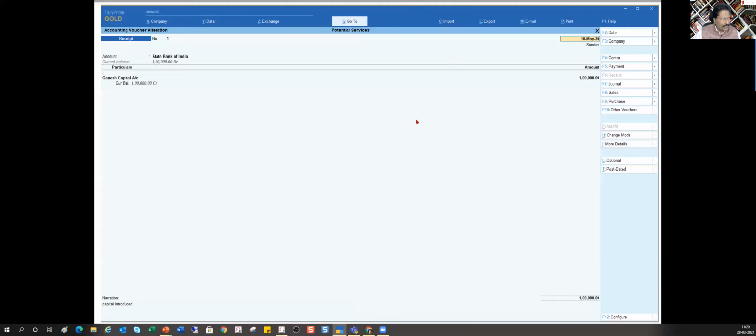Now this is where, basically, you have a slight difference in your user experience from Tally Prime to Tally.ERP. So in Tally Prime, if you want to convert this into a single entry mode, then what you do is that you have this button called change mode, right? So you click here.